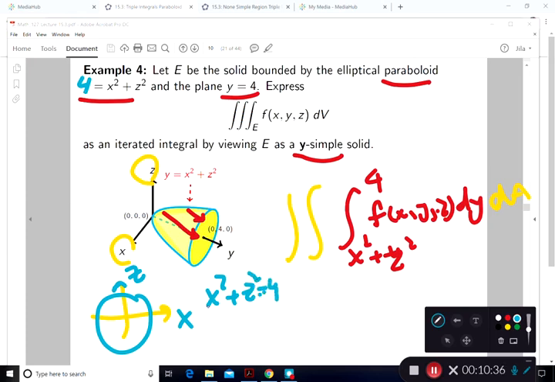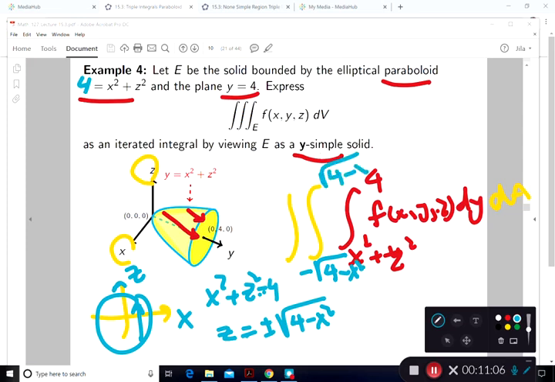If I solve for z, I get z equal to plus or minus the square root of 4 minus x squared. So z is between the lower half of the circle and the upper half of the circle. That's negative square root of 4 minus x squared, and square root of 4 minus x squared.